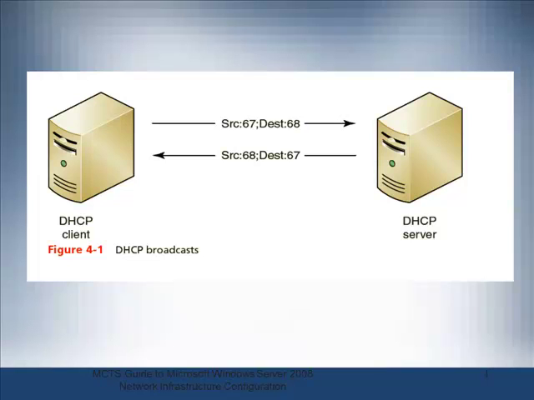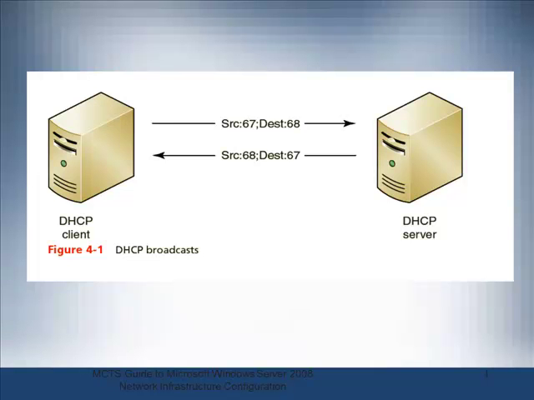It's called an ephemeral port, some temporary port. These are well-known ports, right? A well-known port, 67 and 68. That's identified with DHCP, the well-known ports on the well-known ports list.